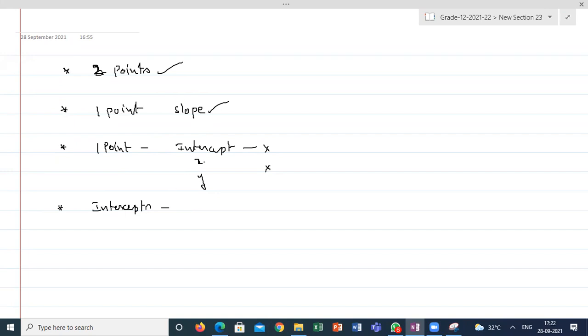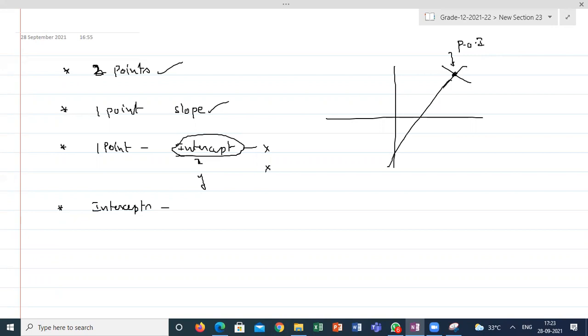Before going to this topic, I'm going to tell you the meaning of intercepts. Generally, if two lines are intersecting, the point where both the lines meet is called the point of intersection. But the same line intersects the x-axis and y-axis, and a line can intersect the x-axis or y-axis only one time.